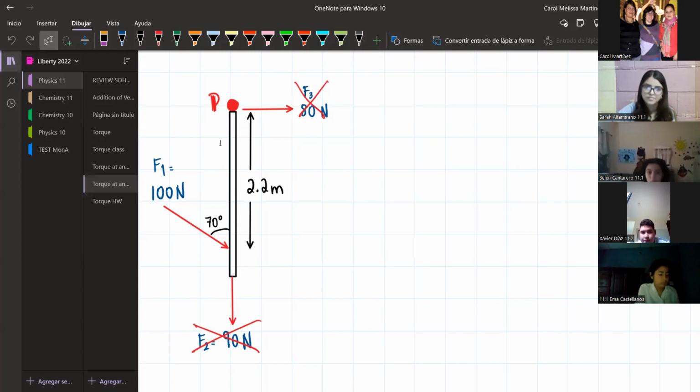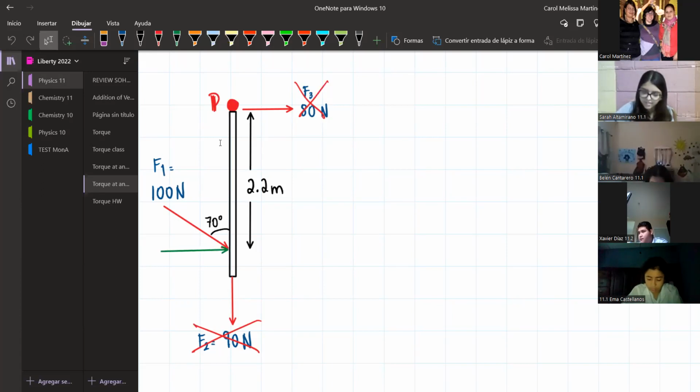Now, sometimes it happens that I put more forces than you have to use, so you need to be analytical. Now, what happens with this force? This force is gonna have components.